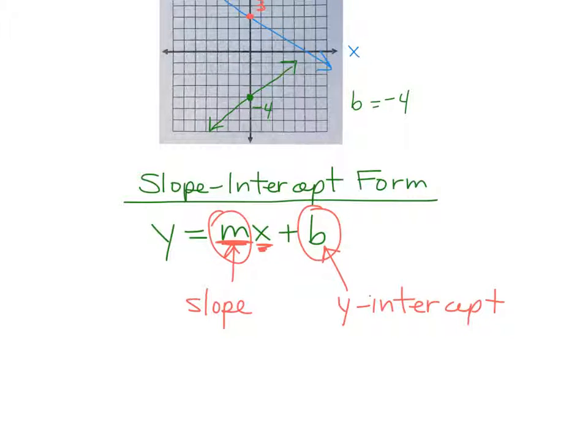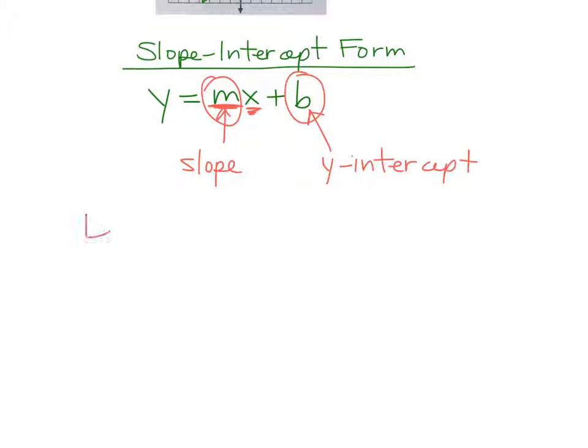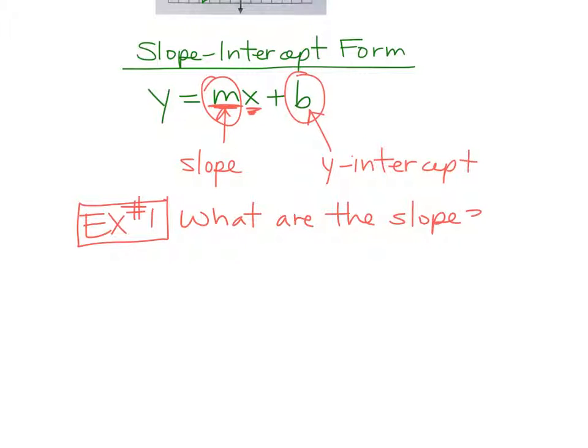Okay, so let's say I give you this. Example 1 says, what are the slope and y-intercept of the graph of y equals 5x minus 2.